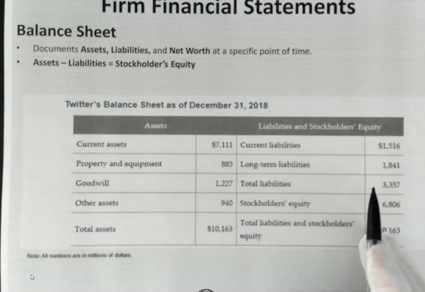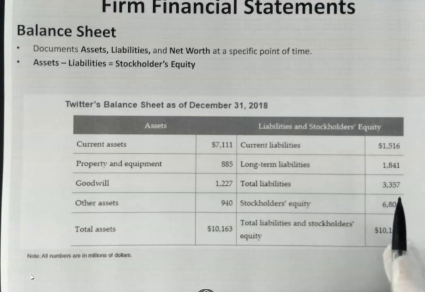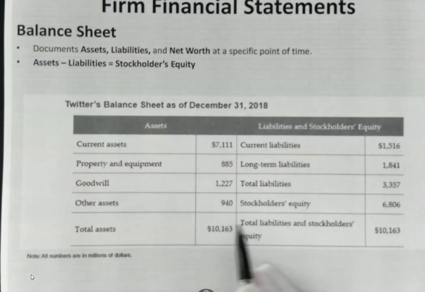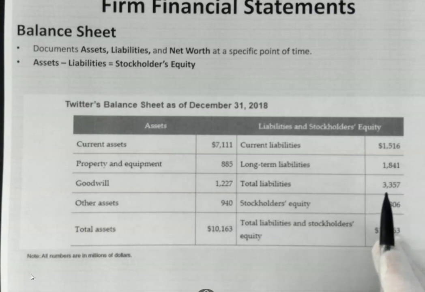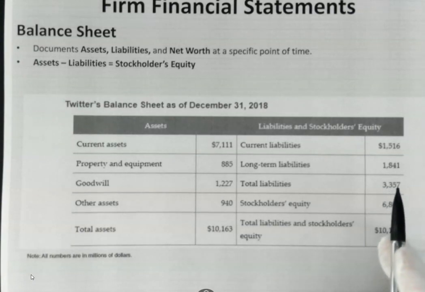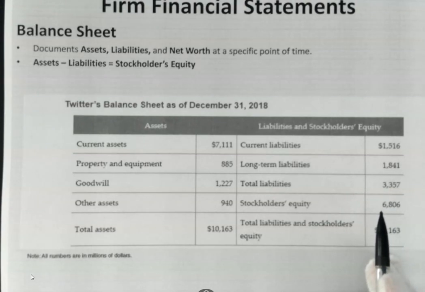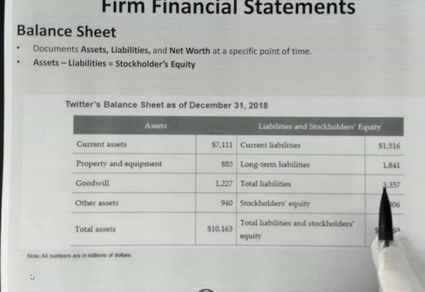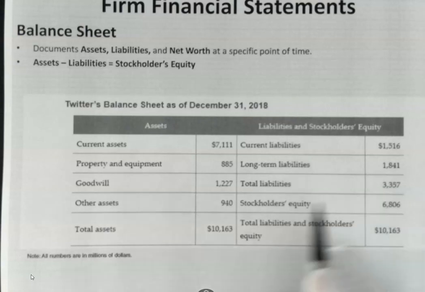Now, notice that by adding these two together, you get $3,357,000,000. So what would happen if you took all these assets of the company, sold them off, paid off those liabilities? Well, you would be left with some money, wouldn't you? And that money belongs. It is owed to the stockholders. So the difference between the $10,163,000,000 and the $3,357,000,000, this minus this is this.